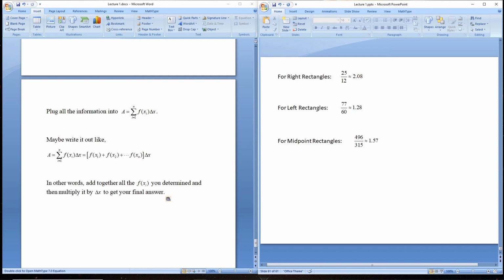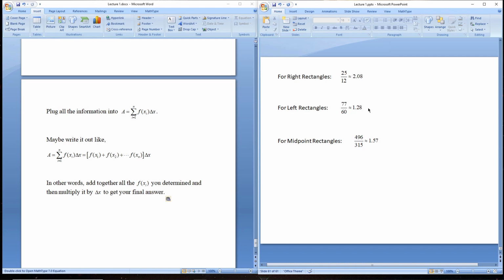And the left rectangles in this case is giving us the lower sum because it's the lower number. So again, I'm not a big fan of the upper-lower sum, but you'll probably see it here and there. And you simply don't know which is which until you crunch out all the numbers. Only at this point can I finally tell you, okay, 2 is the upper, 1.3 is the lower.